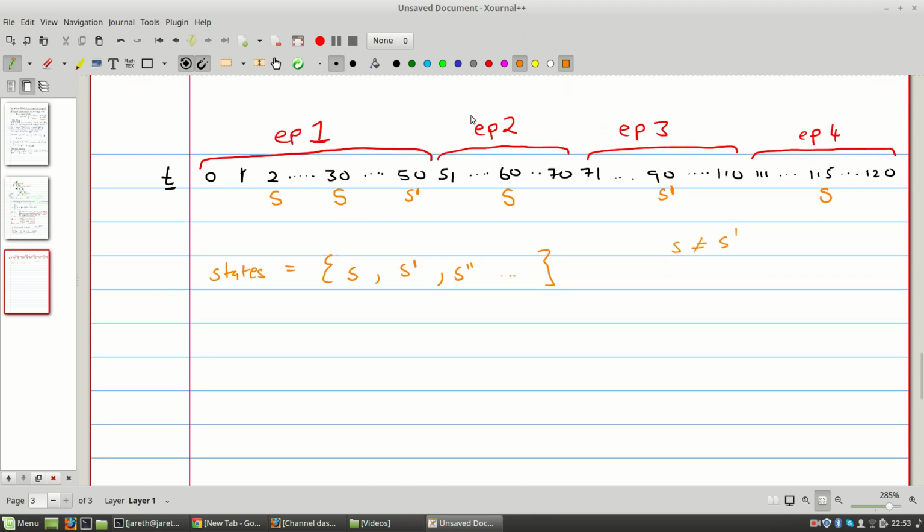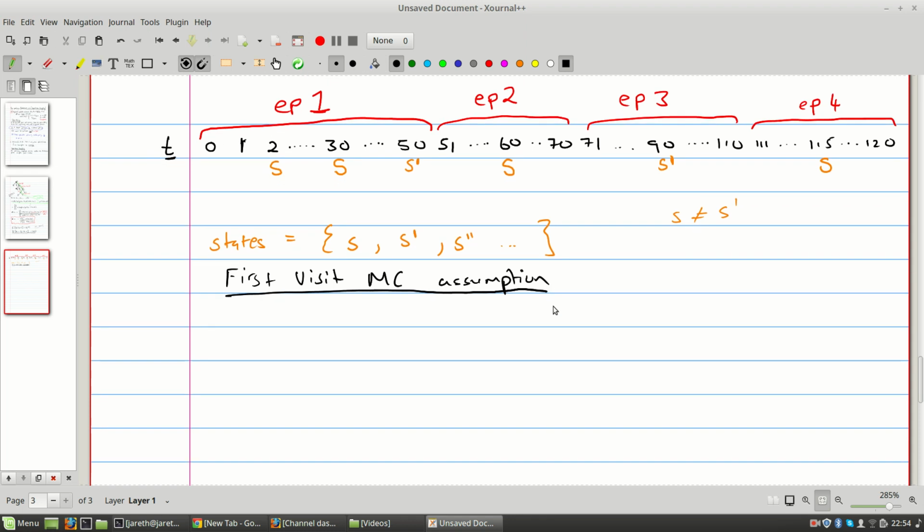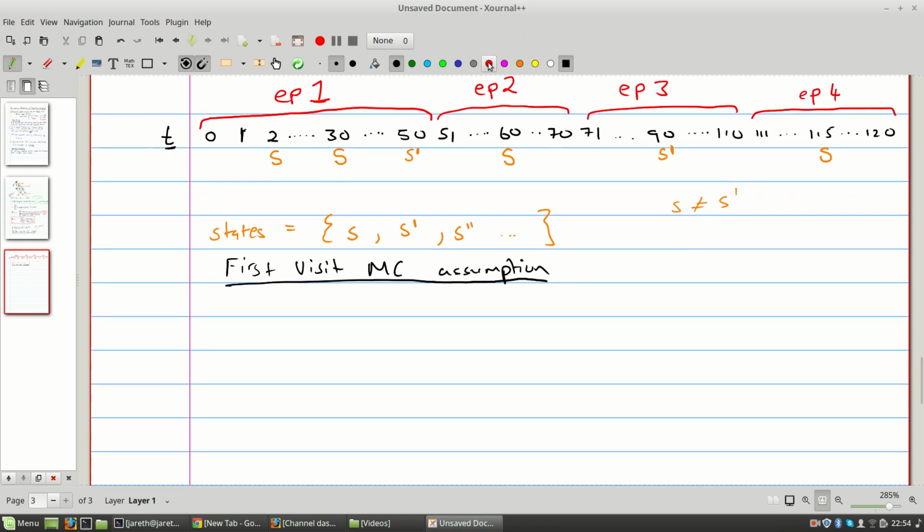So we are going to assume first visit Monte Carlo. We're not going to do every visit, but you'll see that the analysis we're making here can be very easily extended to every visit. So we're doing first visit Monte Carlo here.